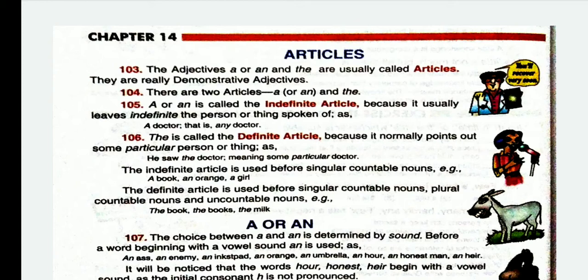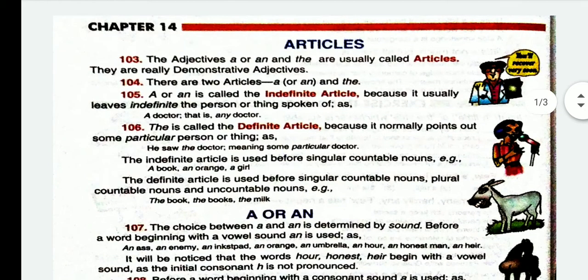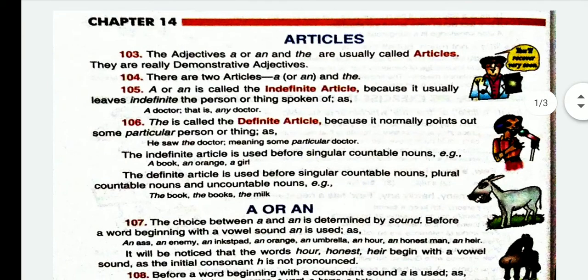There is not any particular doctor. When I say I saw the doctor, it means I'm talking about some particular doctor. When you say I read a book, it can be any book. But when you say I read the book, it means you are pointing towards some particular book. So this is the difference between definite article and indefinite article.